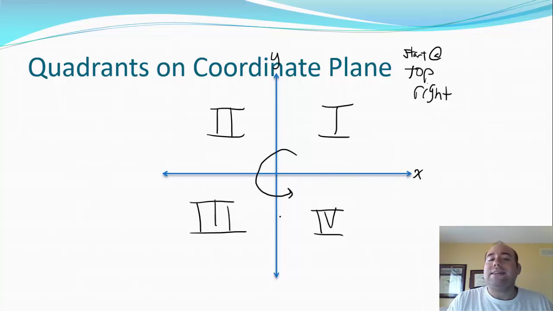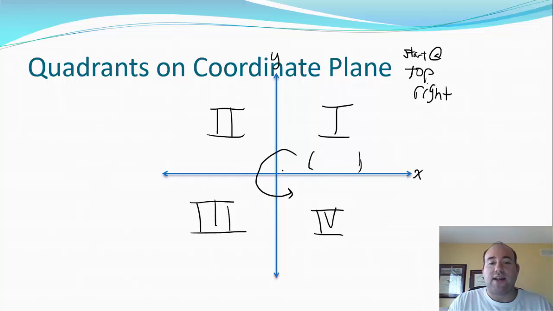Now, why is it a big deal about quadrants? Because A, it makes the graphing a lot easier if you understand the 4 quadrants. It also makes things easier because the points in each of these 4 quadrants all have the same signs. And here's what I mean by that. In the first quadrant, okay, notice that all the x values on the x-axis are positive, and so are all the y values.